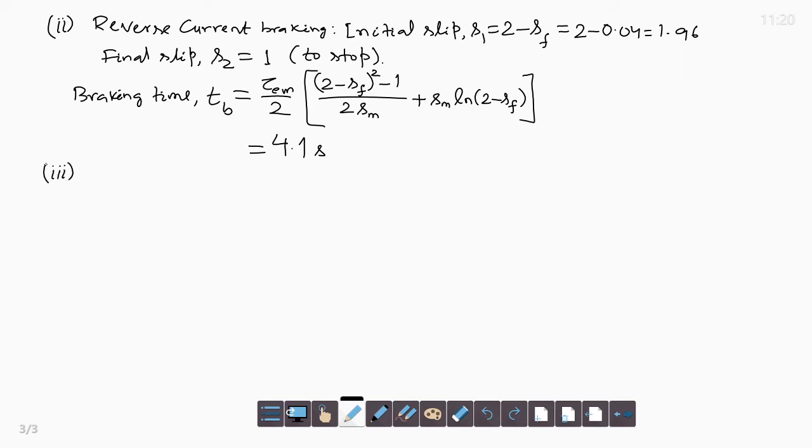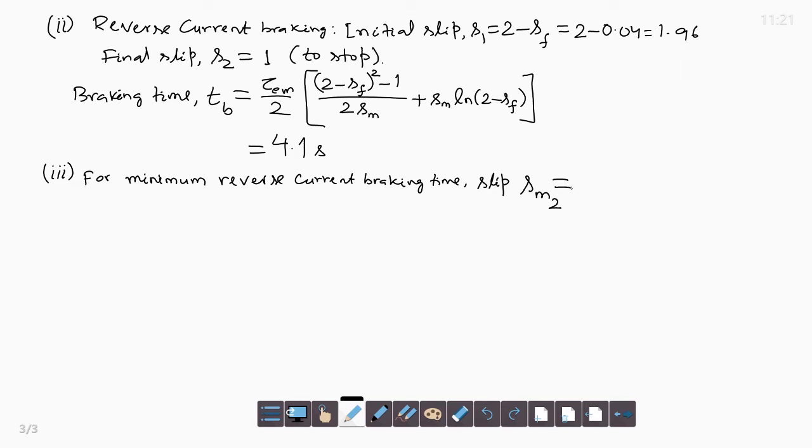Third point, corresponding to minimum reverse current braking time. For minimum reverse current braking time, slip Sm, let us write it as Sm2.